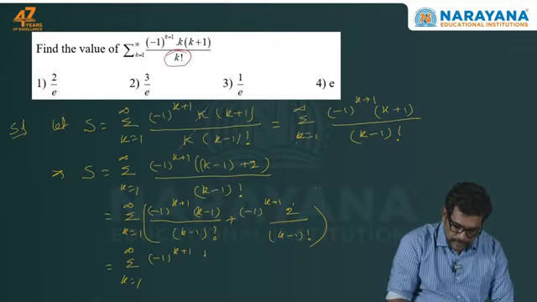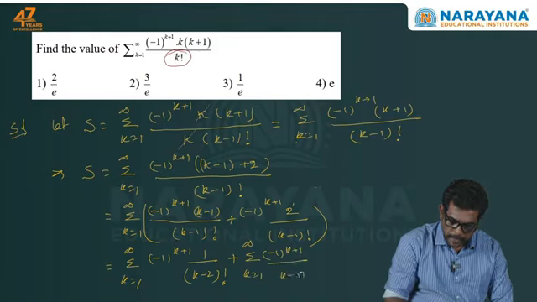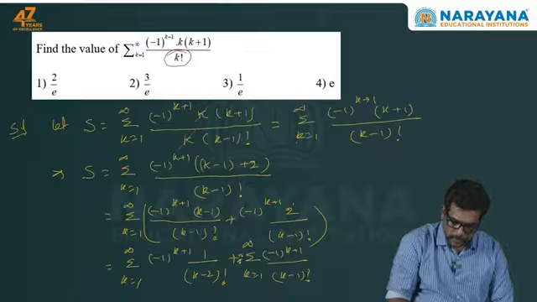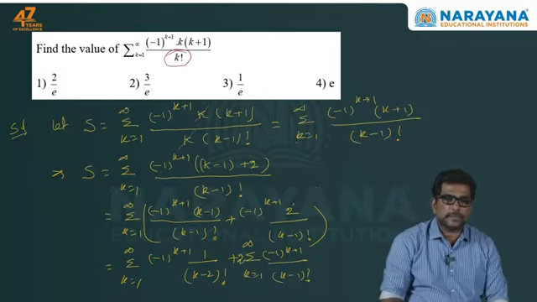That is, this becomes 1 by (k-2) factorial, plus summation k equals 1 to infinity of (-1)^(k+1) by (k-1) factorial into 2, I am writing separately. Now it is the sum of two exponential series.